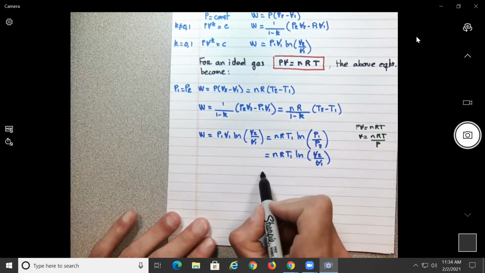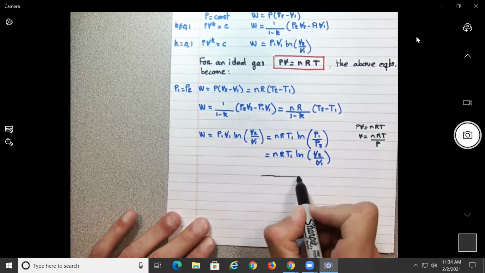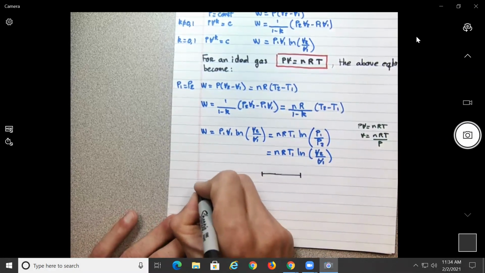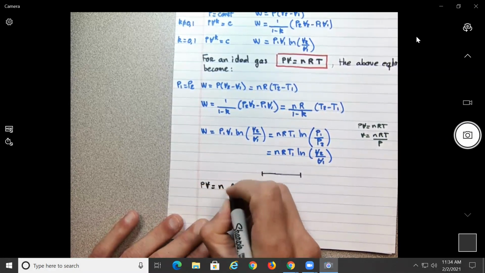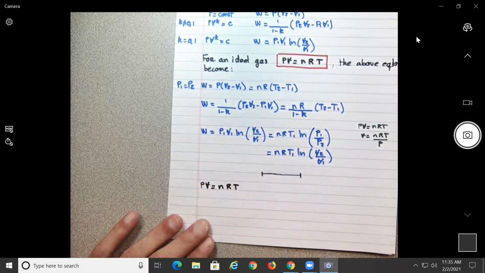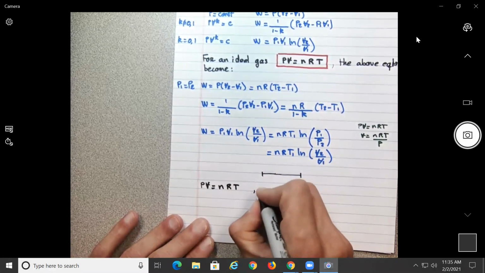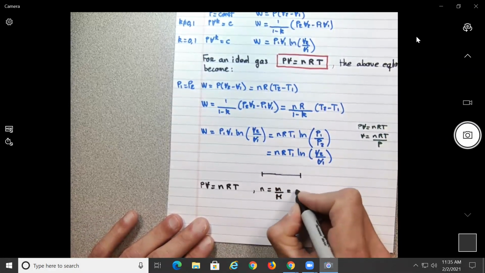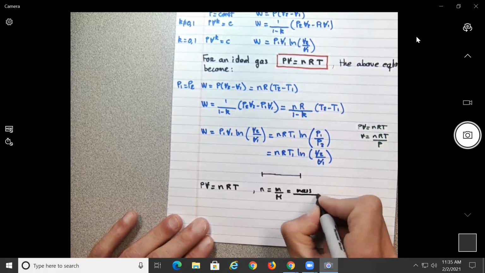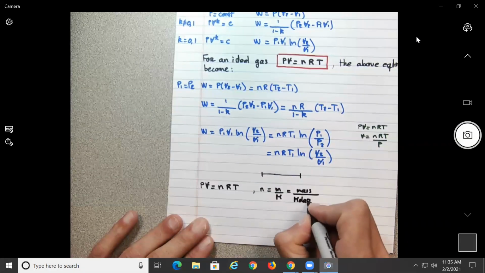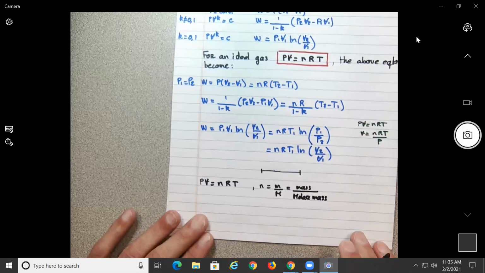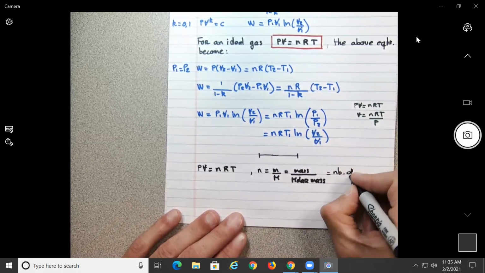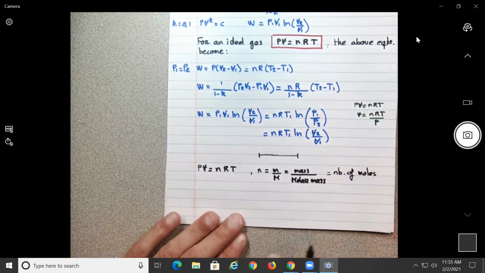Okay, so here, let's do a line, and let's see what is really that R over here. So we have PV equal nRT, where n in this equation is the number of moles, which is mass divided by molar mass, no? This is not chemistry, but this is the number of moles.